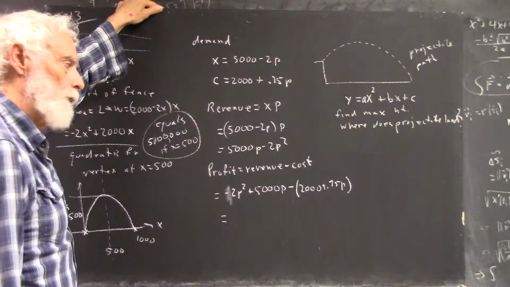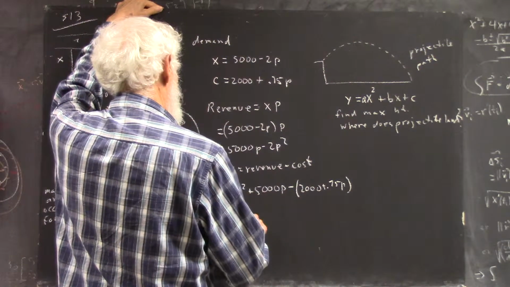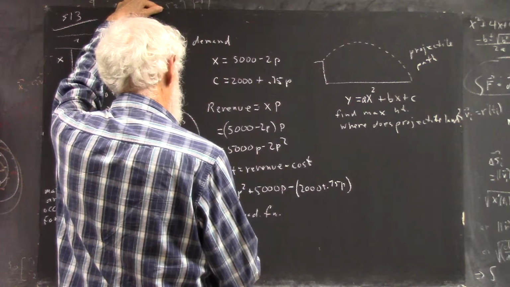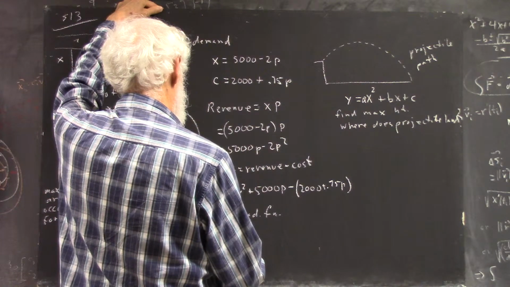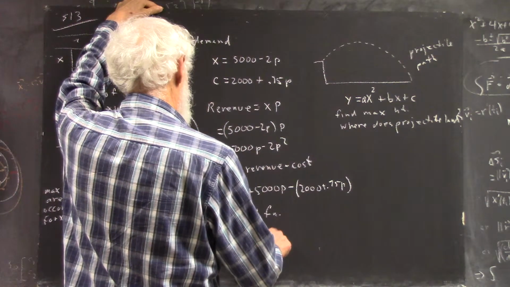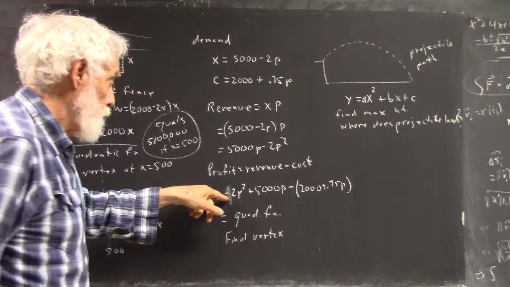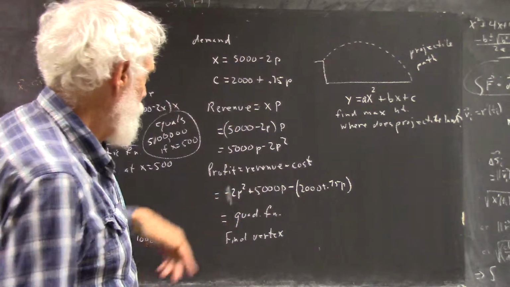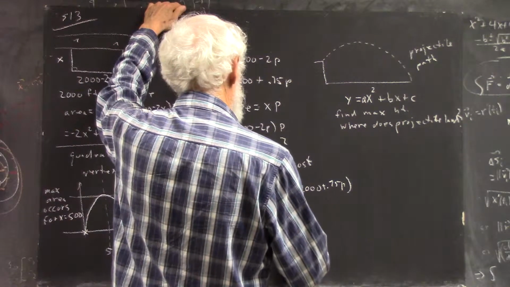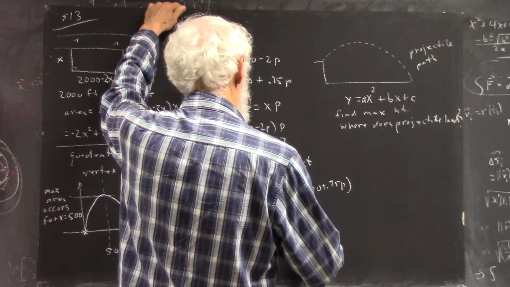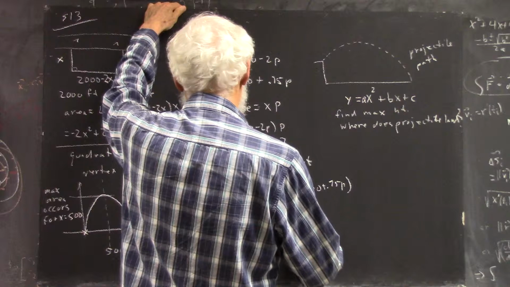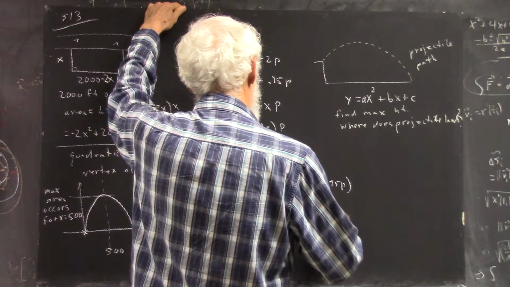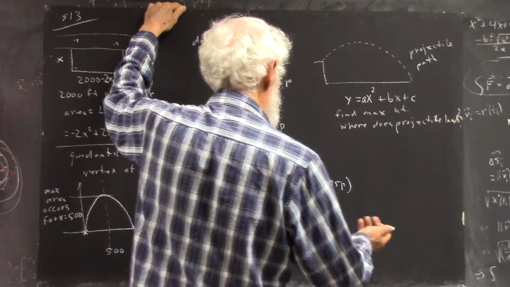Well, that's a quadratic function. It opens downward because you have a negative in front of the p squared, so you find the vertex, on a graph of profit versus the price you charge.